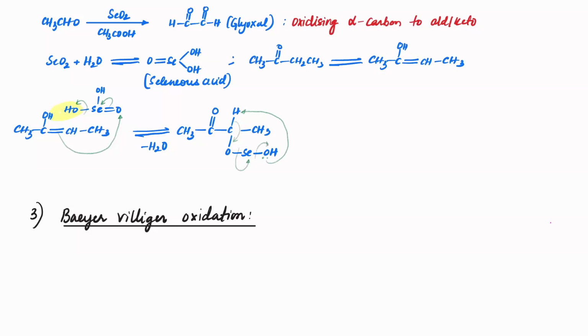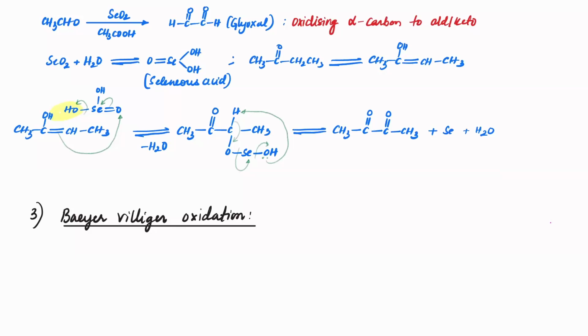So that makes it CH3, C double bond O, CH3, CH3, plus selenium plus H2O. Check out properly: selenium got completely reduced and you got this alpha keto formation.